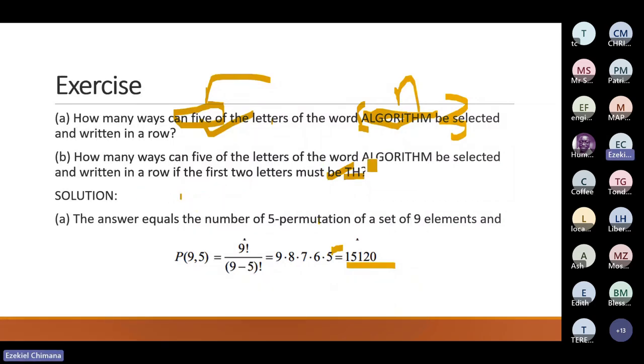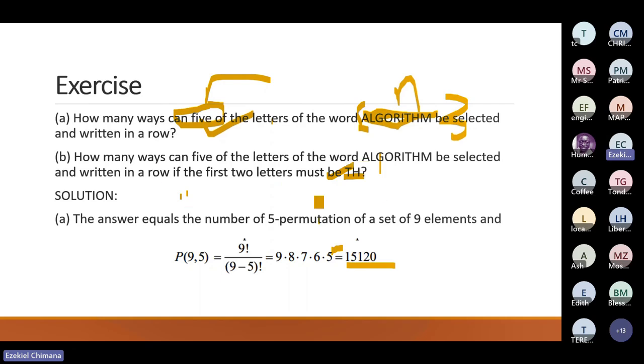So you are going to select 5 letters, and when you come up with your 5 letters, the first 2 letters must always be th, which means from a 5-letter word, you are left with what? We are left with 3 positions where you have to put the letters. But otherwise, the first 2 is th.